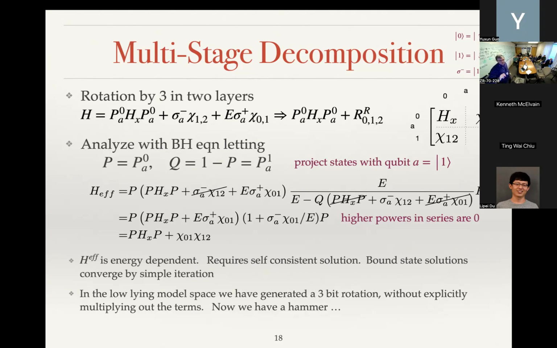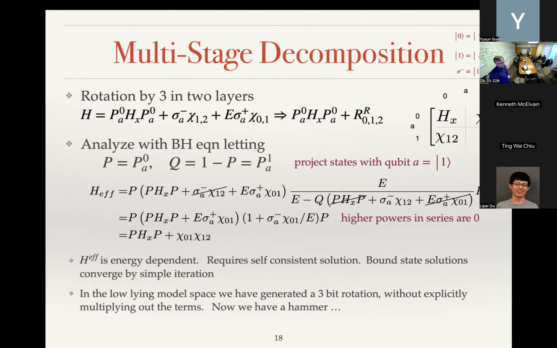So the idea is I make my UV Hamiltonian live in this augmented space. And then I ask, how does this behave in the space without A, if I trim down to A equals 0?